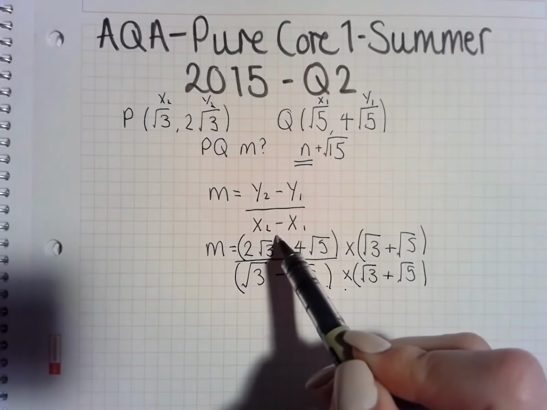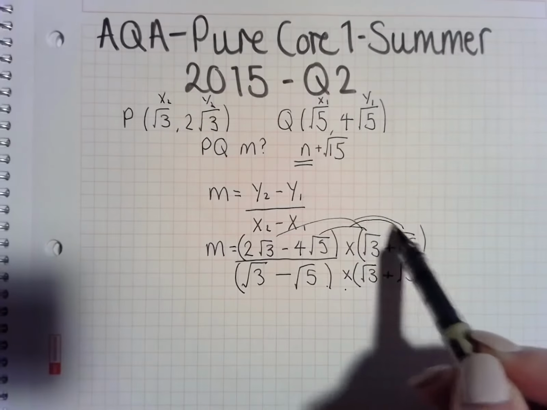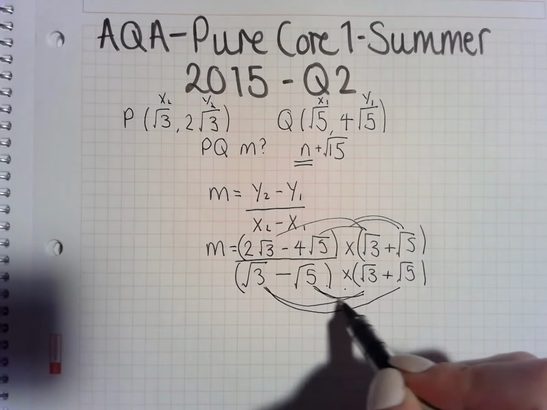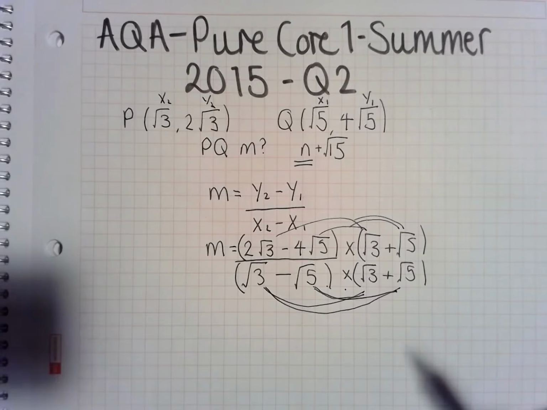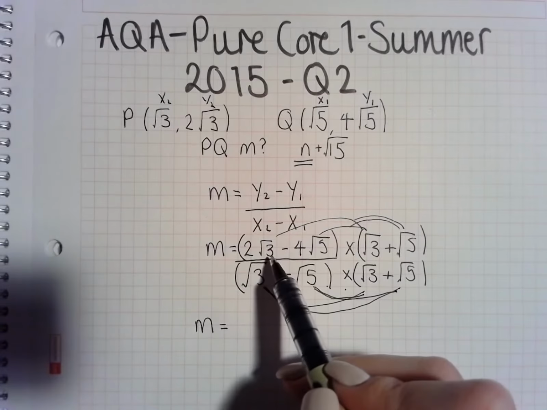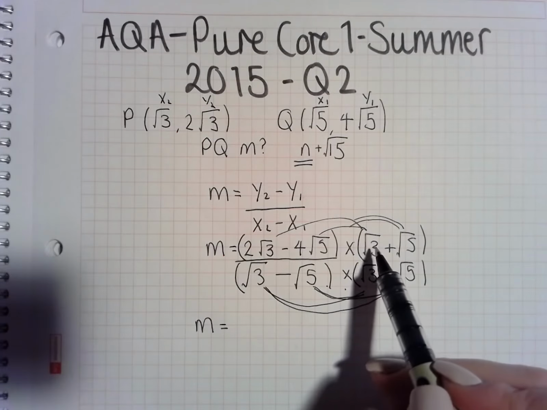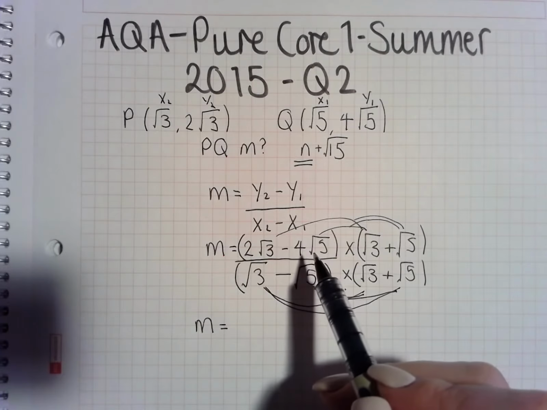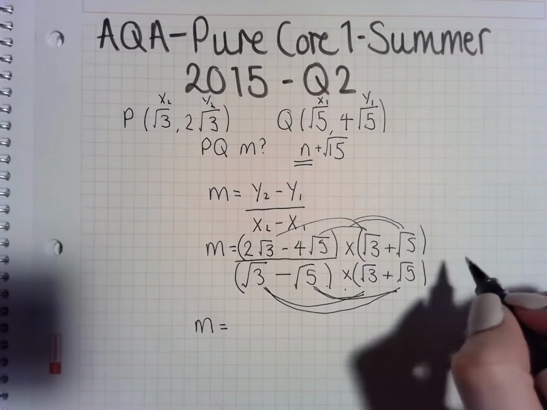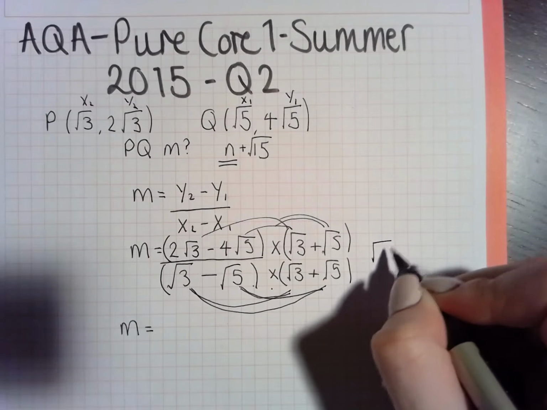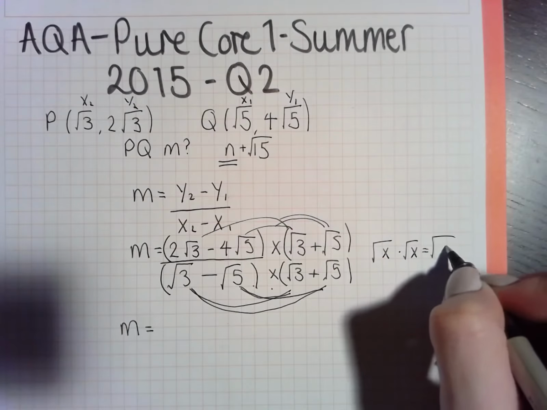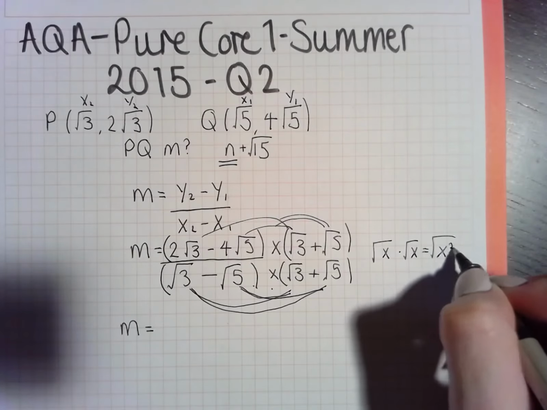And this just requires multiplying out like you would if there weren't surds there. So let's do this. So we have m equals 2 root 3 times root 3. If we times root 3 by root 3, we get 3, because root x times root x equals root x squared.